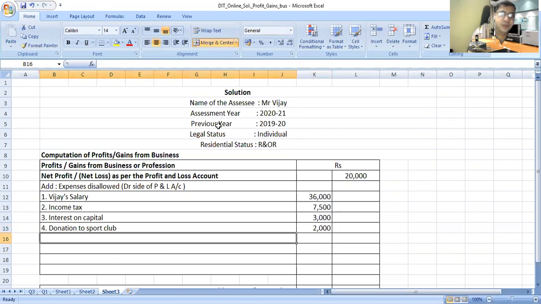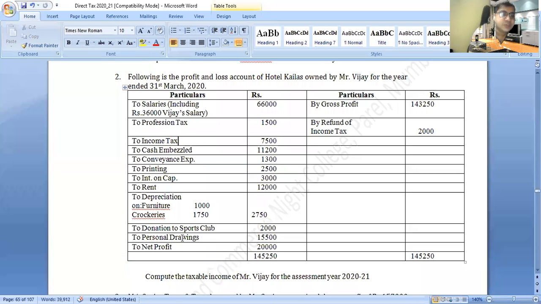Then after that, the next item in our profit and loss account, debit side, personal drawings, 15,500. Drawing is a personal expense, and personal expense means it is not a business expense.